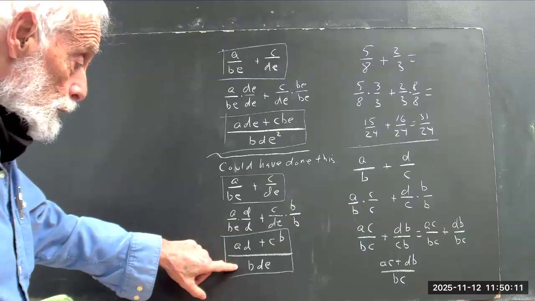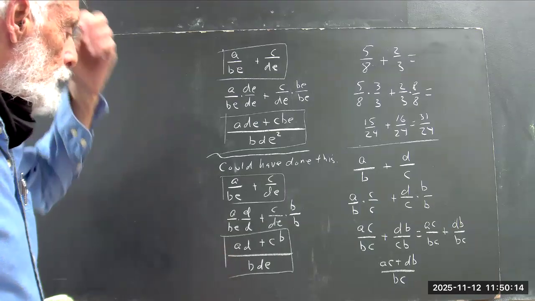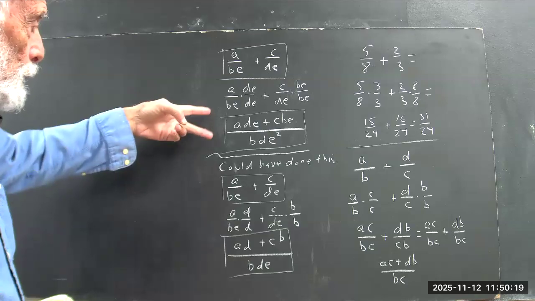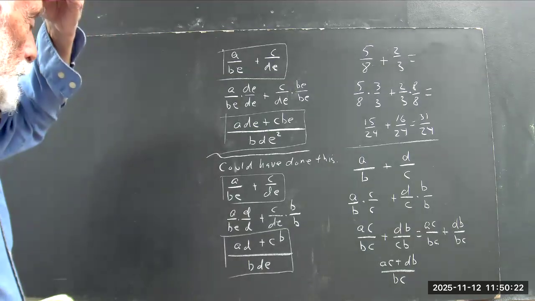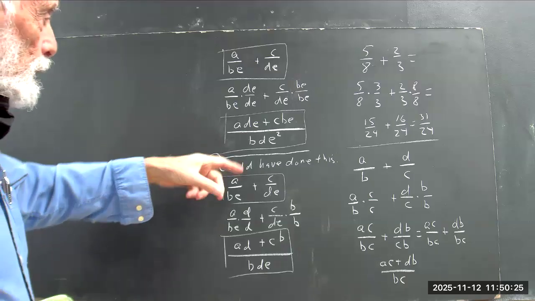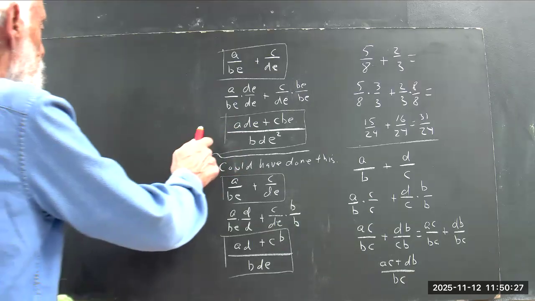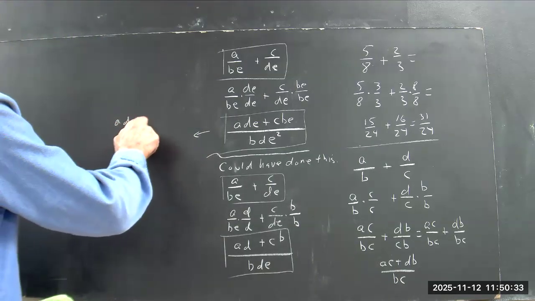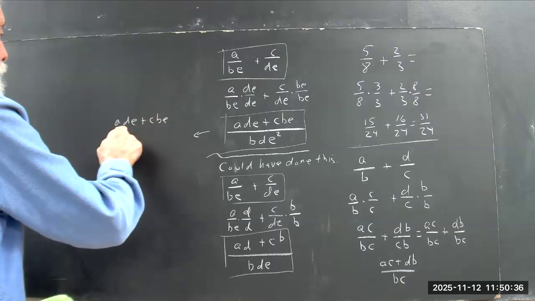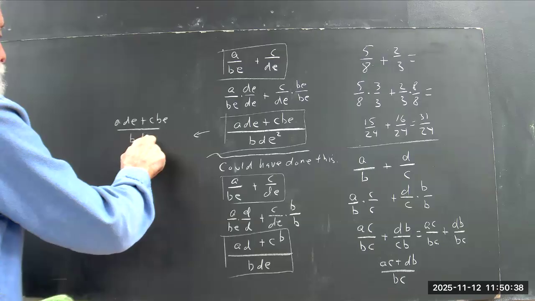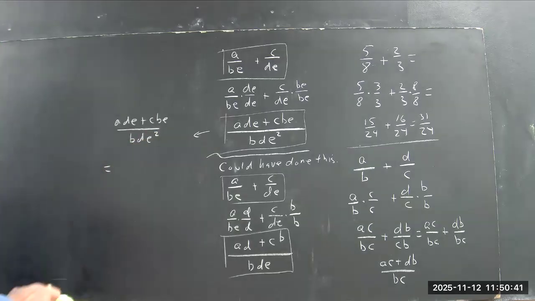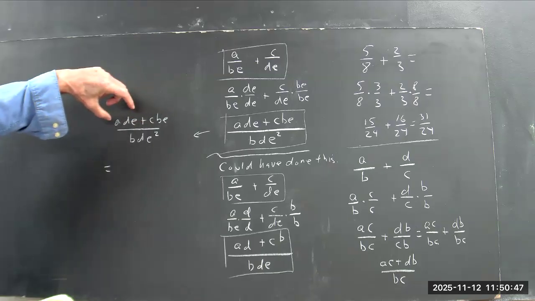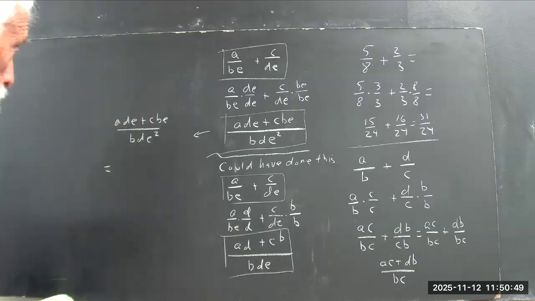That the most recent calculation here is equivalent to this. That's so because if we take this, we can simplify it. We have an E in common between the two terms in the numerator. We have ADE and CBE.